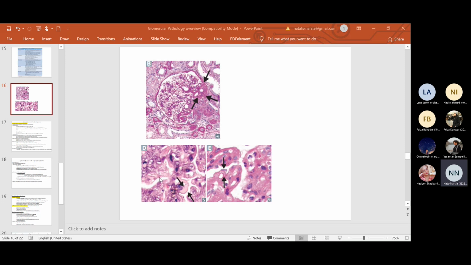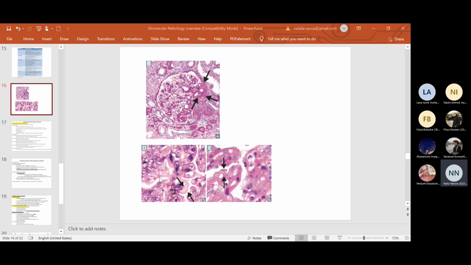Progression, guys, we talked about it. What will you see under the immunofluorescence microscope? Nothing. It will be negative as well because there is no immune complex. Just you will find cytokine there, okay?